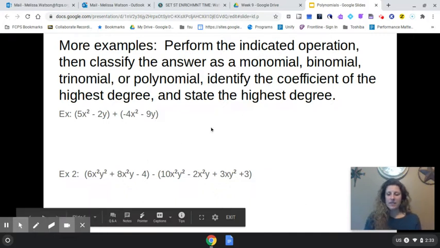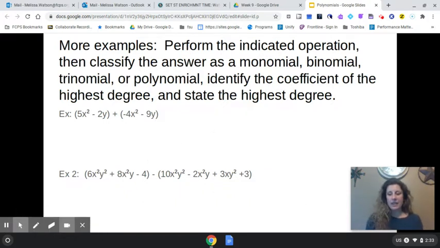Okay, with this next slide, we're going to kind of put it all together. So we're going to add or subtract the polynomials, but then also classify the answer according to what type of polynomial it is, if we have a special name like monomial, binomial, or trinomial, or if we just want to classify it as a polynomial.